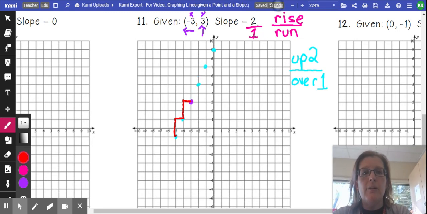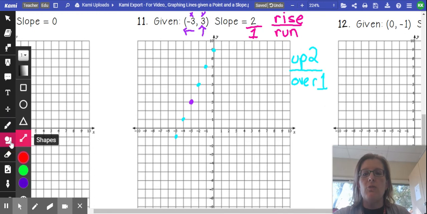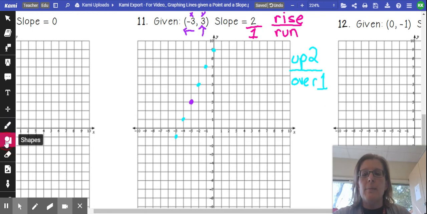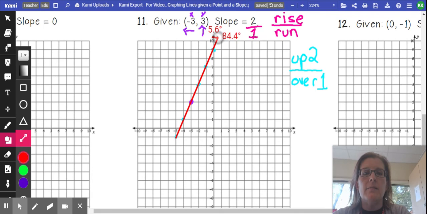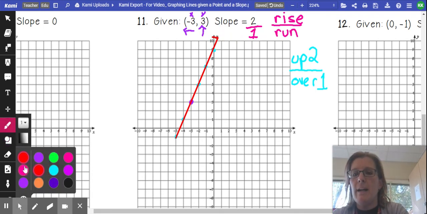But I'm going to take my stair steps off because we just wanted to graph the line this time. So I click my Shapes tool, I click Insert Line, and I draw my line so that it goes between the points. Then I draw my arrows at the end.